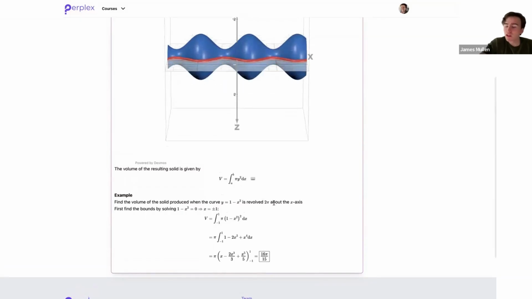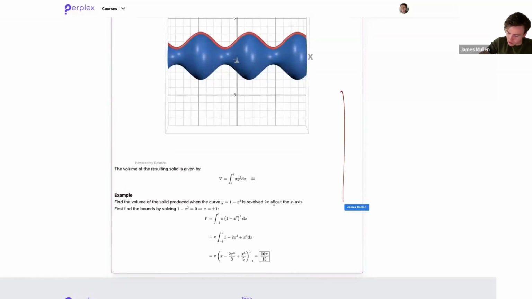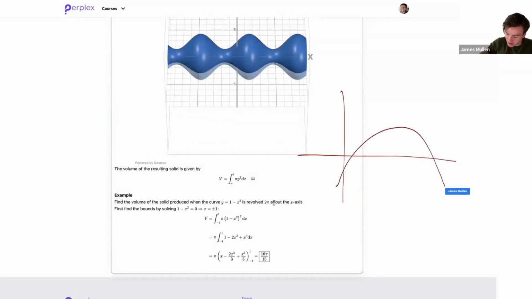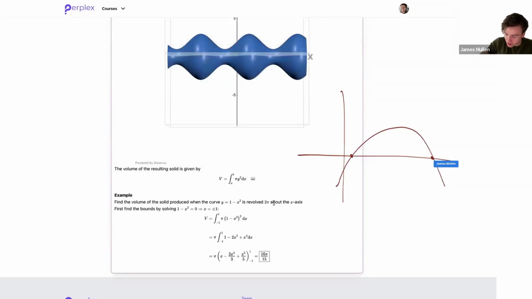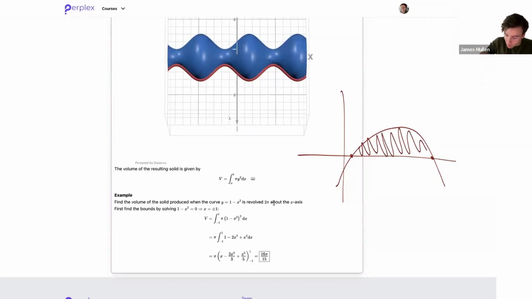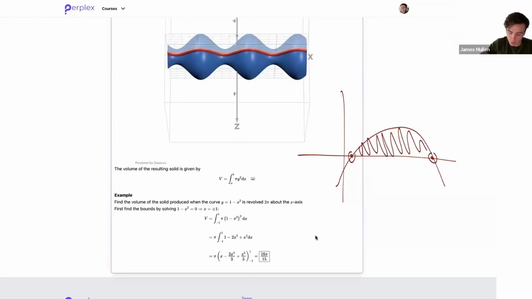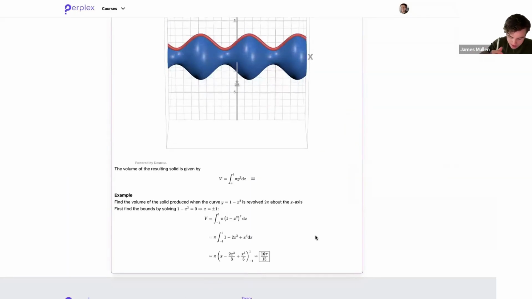And usually on the IB, you will have a function that has x-intercepts, and you're revolving this region around the x-axis, or sometimes the y-axis, we'll see that in a second, but you will know where the x-intercepts are. So it won't really have to tell you. You'll be able to find them, okay? So here's an example.